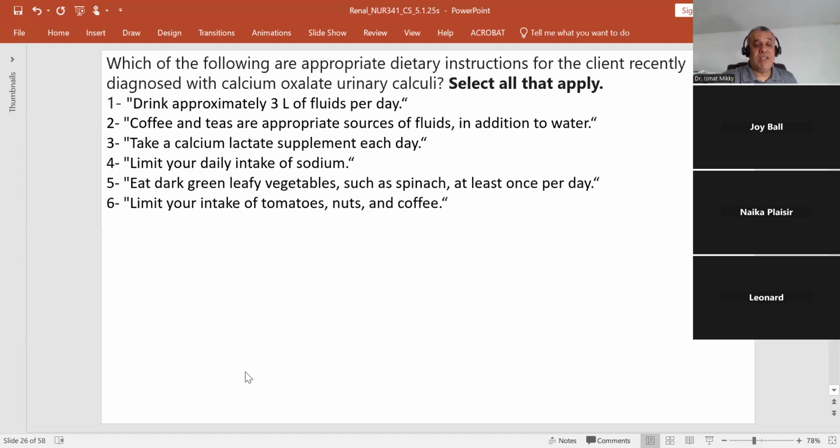Yeah, remember we said from evidence-based practice, research has found that the daily calcium lactate supplement is appropriate because calcium can bind with other electrolytes like oxalate. They can bind with oxalate in the GI tract and prevent it from being absorbed into the bloodstream and then going to the kidneys. Okay. Good? Yeah, thank you.